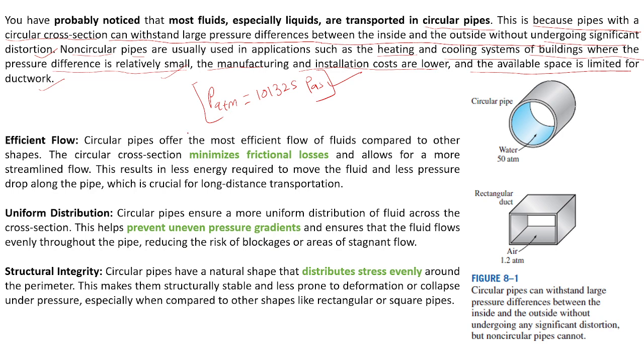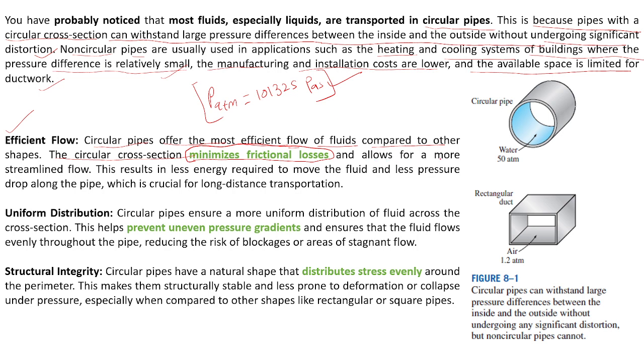The efficient flow point is very important. Circular pipes offer the most efficient flow of fluid compared to other shapes; the circular cross section minimizes frictional losses. This is very, very important. How it minimizes the frictional losses and how it withstands the large pressure we will see in the further discussion.